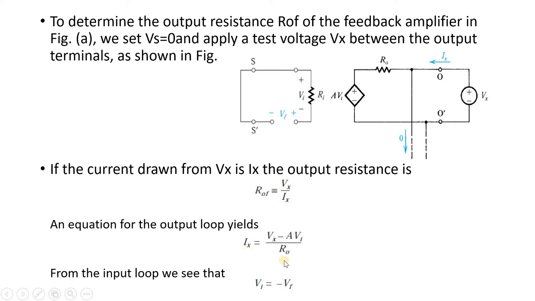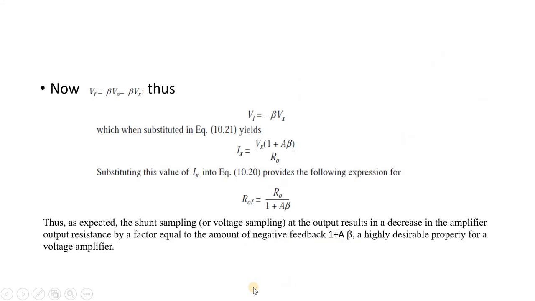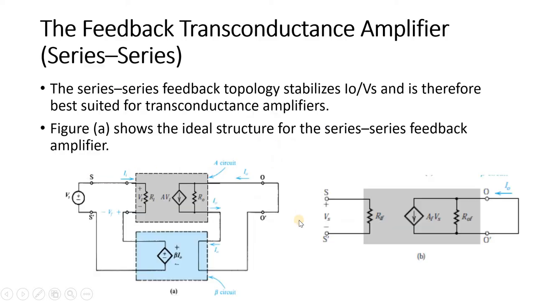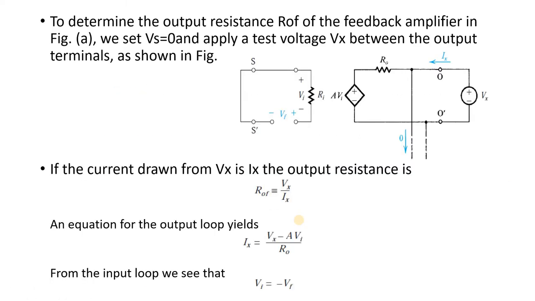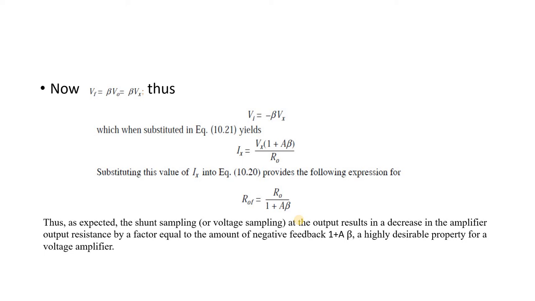We calculate it by applying KVL: write the equation, obtain Ix, and substitute in the ROF formula. You can easily obtain the output resistance formula, that is R naught divided by 1 plus A into beta. Very important. Next is calculating the gain, AF. Gain is also important.